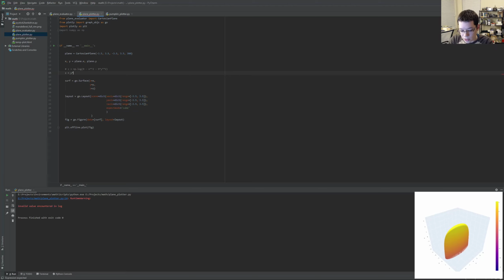We'll do y cubed plus 5 times x squared times y minus, I believe, 10x squared minus 10y squared. There's a pattern there that I should be following.